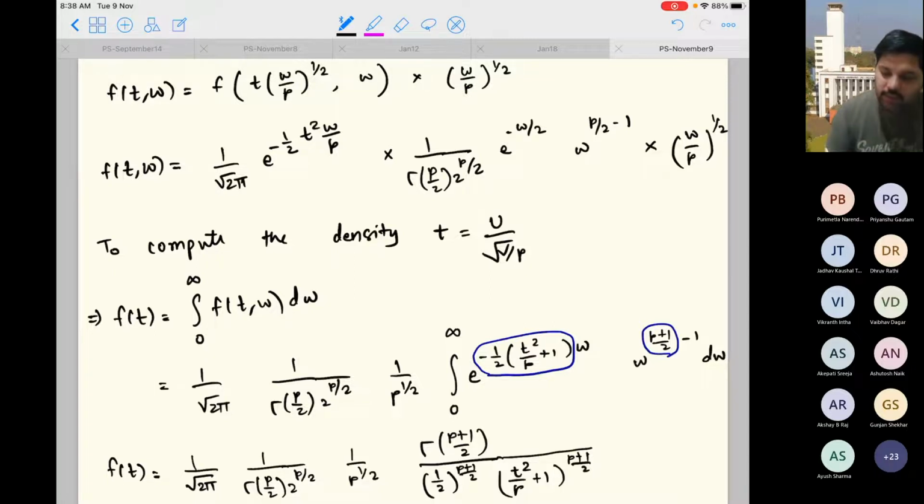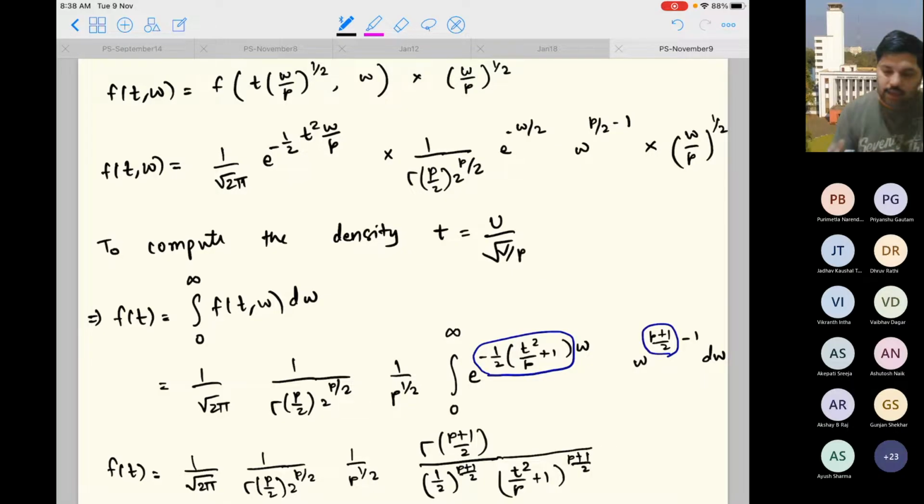And now you see there is this half to the power (p plus 1) by 2 and you have 2 to the power p by 2. So you will have that half to the power half sitting over there, and you can adjust those things. Let me just write down.